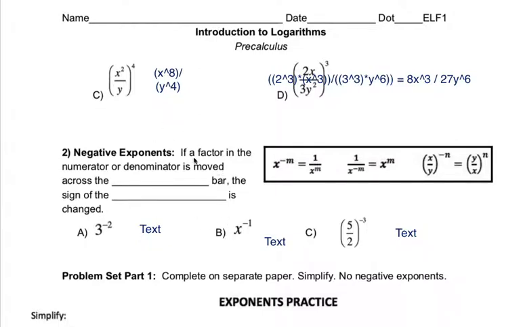So if a factor in the numerator or denominator is moved across the fraction bar, the sign of the exponent is changed.